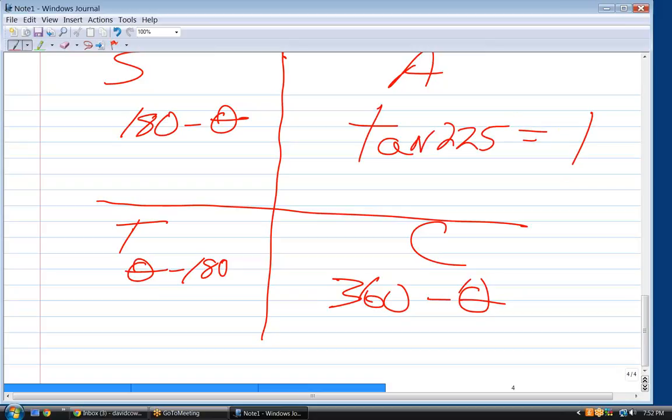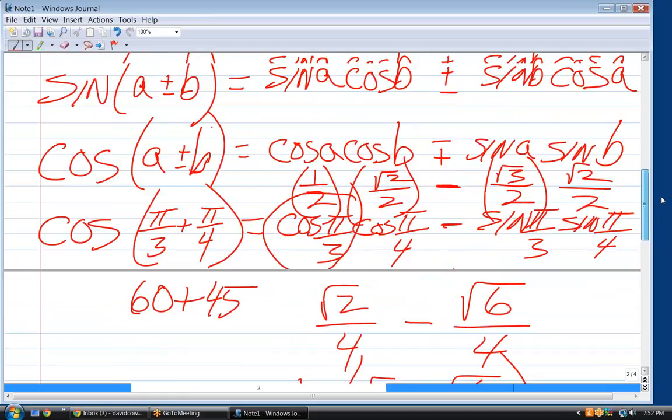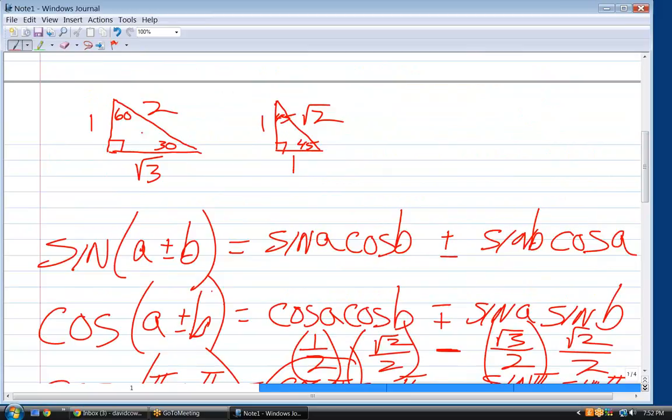You don't really need to memorize the unit circle. You just really need to memorize the first quadrant results. And the first quadrant results all come from these two triangles. Every first quadrant standard angle you can get from these two triangles.